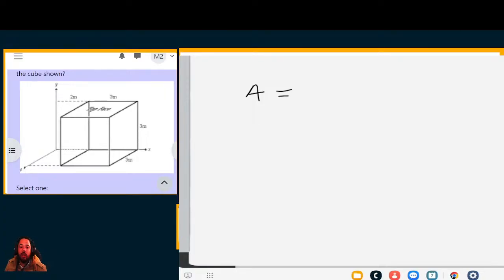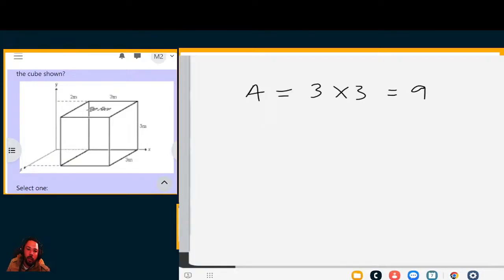If you don't understand why this area is square, it has a length of 3 meters in the x direction and a length of 3 meters in the z direction, meaning its area will be 3 multiplied by 3. That is the area of the top surface.